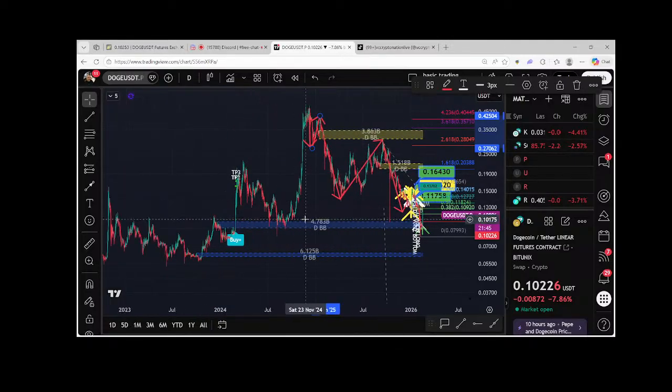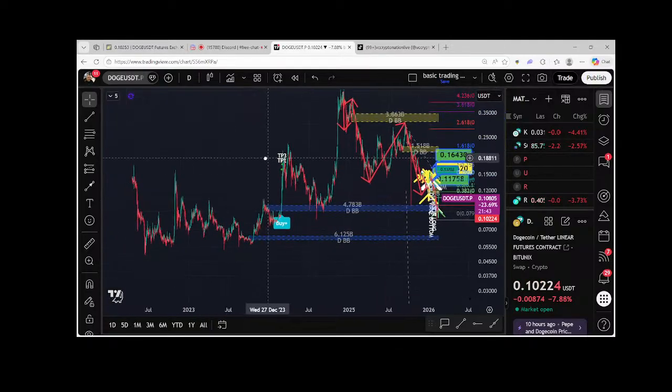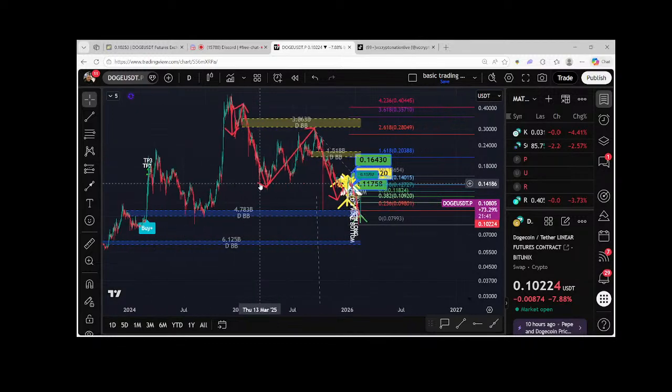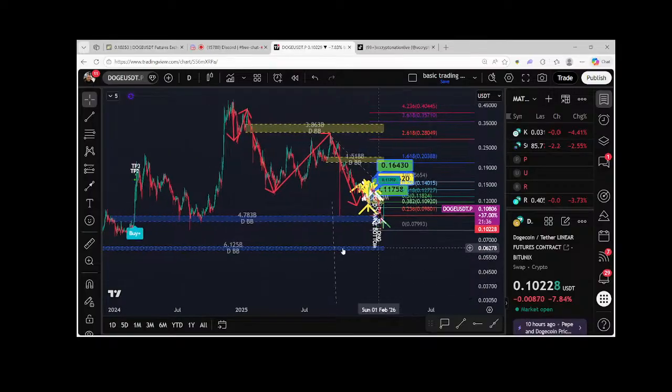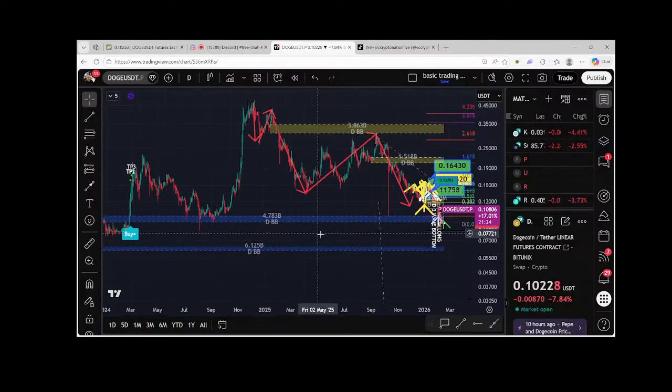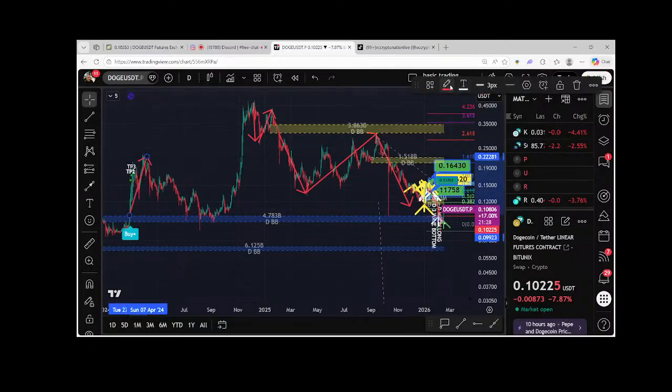Now over here, same scenario. What we have here is a breakout from an order block. I'm going to turn this yellow.